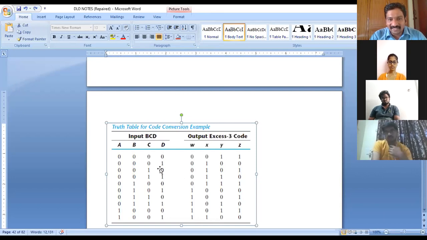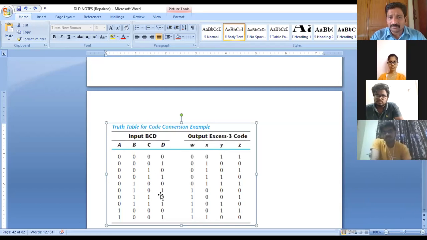Like that, we can add 3 to all the BCD numbers and get the outputs. Here the labels for the BCD input are A, B, C, D, and the labels for the output are W, X, Y as well as Z.